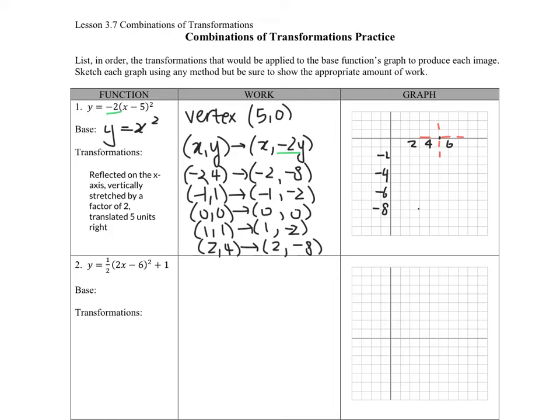And then going back to this origin at 5, 0, we're going to go negative 1, negative 2 here. And then 0, 0 is our new origin. So this 0, 0 is where the new vertex is. Okay, so we're not going to plot that point. And then 1, negative 2 would be right there.